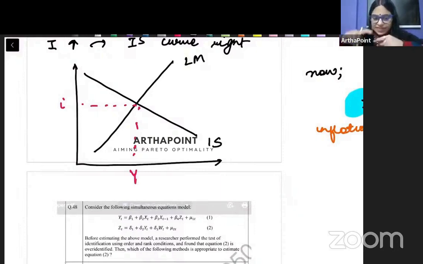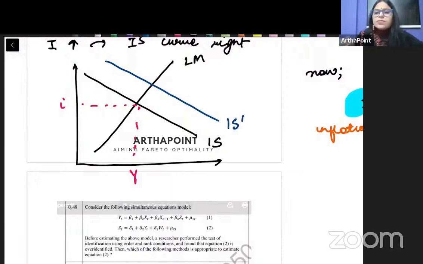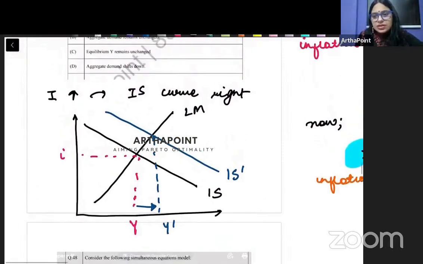Now, when investment increases, the IS curve will shift to the right. So the IS curve is shifting rightwards. When the IS curve will shift to the right, the level of the output in the economy will increase. So equilibrium output will increase.